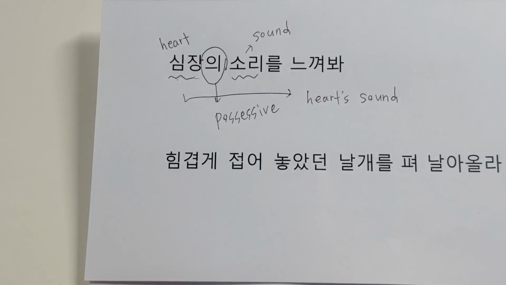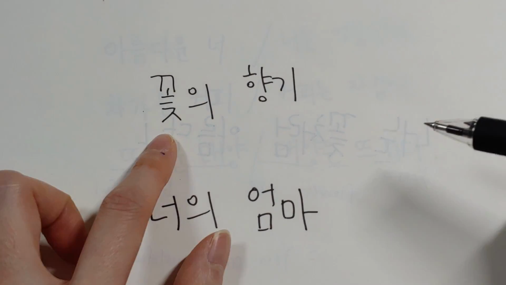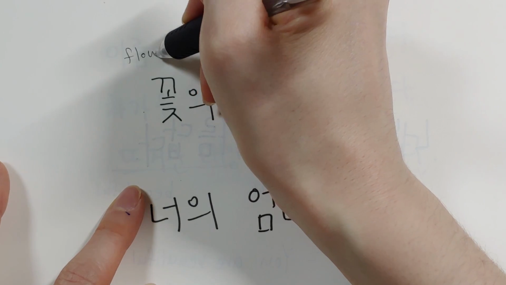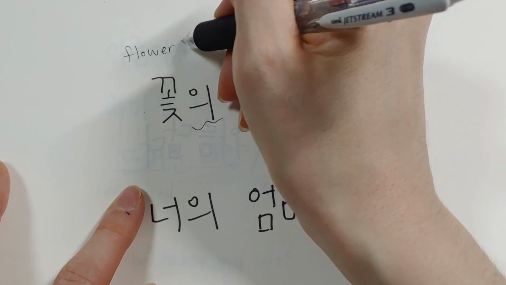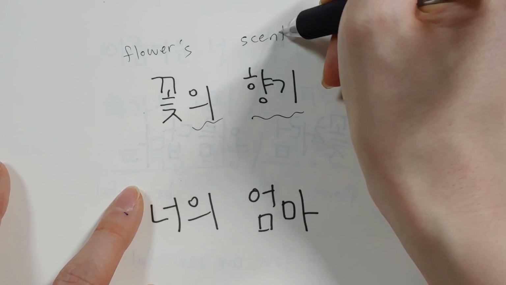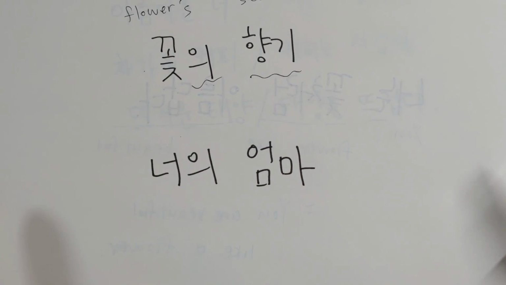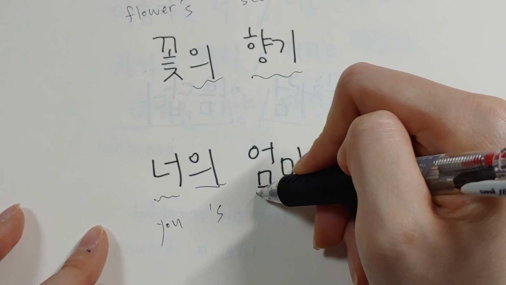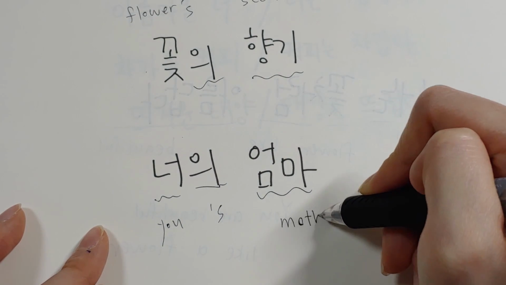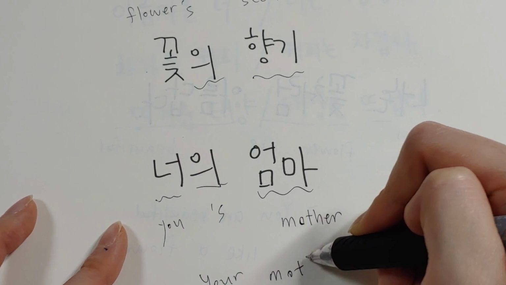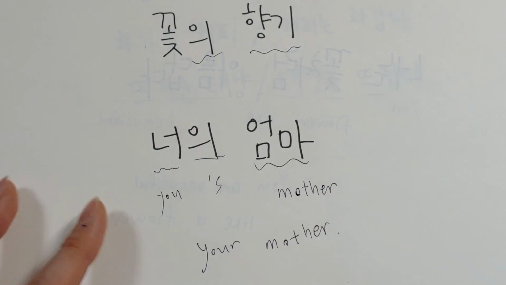The sound of the heart. 꽃의 향기 means flower, and this is possessive, right? Flower's scent. 향기 means scent. And 너희 엄마 means you, mother. So it means your mother.